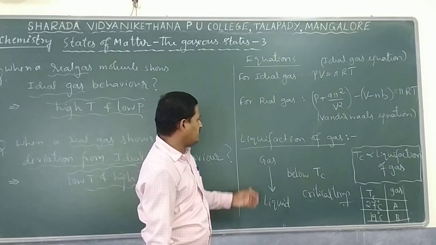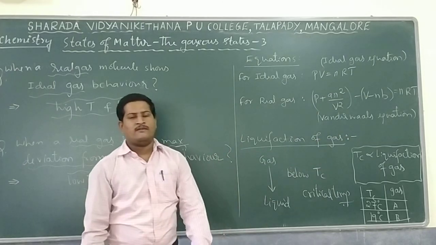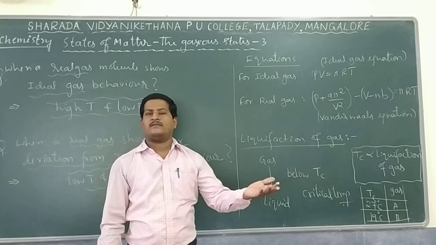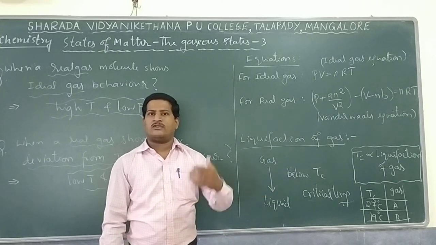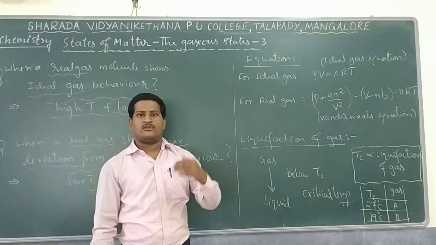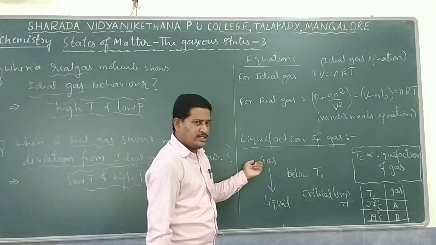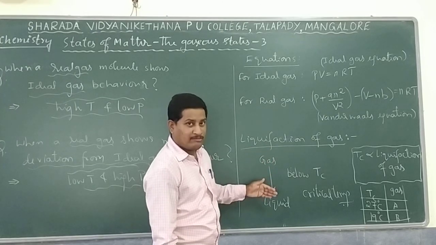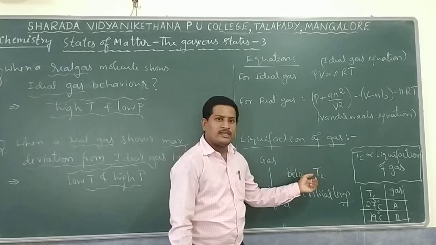Next we want to know a small part, that is liquefaction of a gas. What is the meaning of liquefaction? Conversion from gas to liquid is liquefaction. So we have a gas that is converted to liquid when you decrease the temperature or increase the pressure. Let us go with the decrease of temperature.